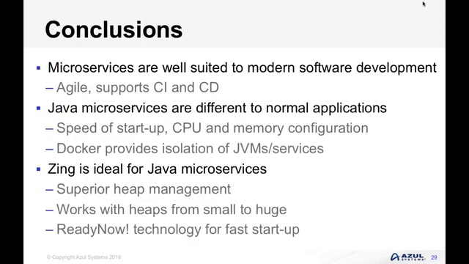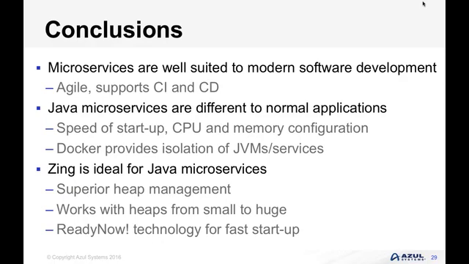So just to conclude, microservices are very well suited to modern software development. This whole idea of agile methodology, being able to roll out changes as soon as they're ready rather than having to wait for big releases. It's about continuous integration, continuous deployment. Java microservices are different to normal applications.